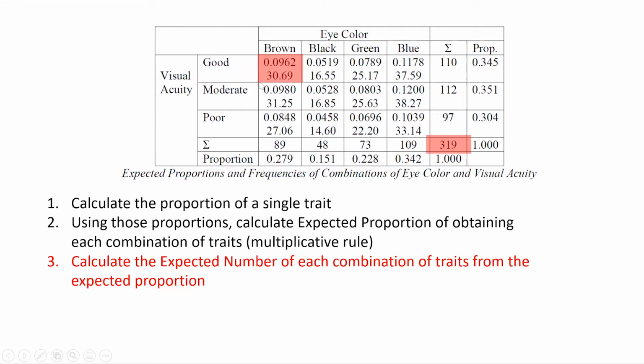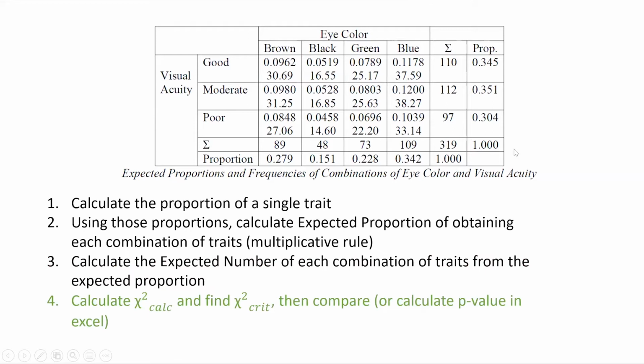The expected frequency, the expected number of people we would expect out of 319 to have good vision and brown eyes. We do that for each combination to get the expected frequency. Finally, we calculate our chi-squared calc and our chi-squared crit and compare them to calculate a p-value.